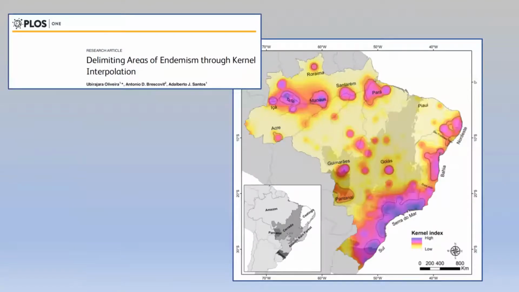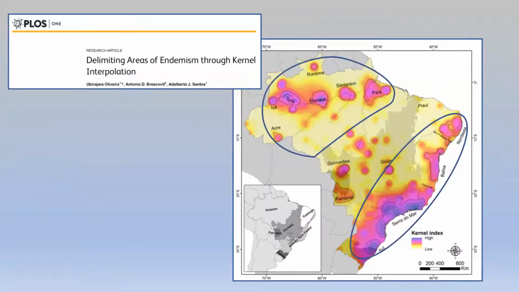In this map, we see spider areas of endemism in Brazil, all inferred through a method developed by Ubirajara himself. I would like to compare here our results for two large humid forest biomes we have in Brazil, the Atlantic rainforest and the Amazon.